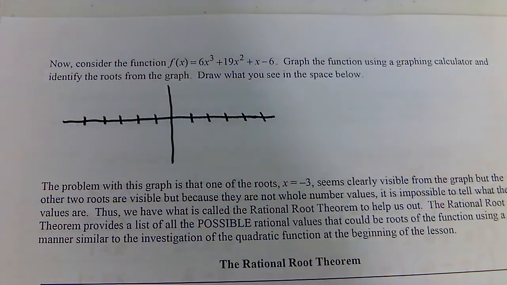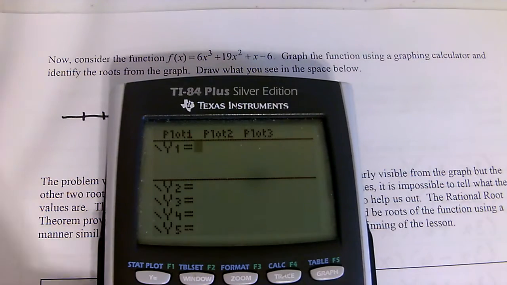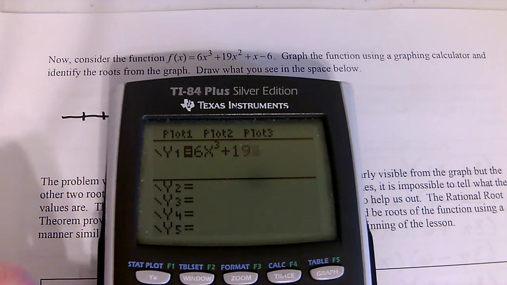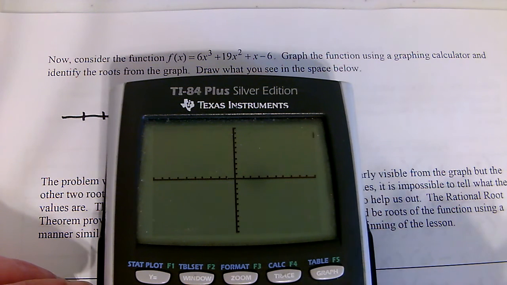Let me grab my calculator. And we're going to look at this in the calculator. So I'm going to go to my y equals. I'm going to type this in: 6x to the third plus 19x squared plus x minus 6. And let's look at the graph.